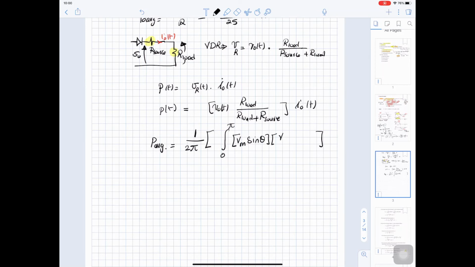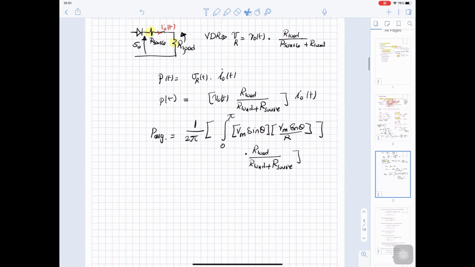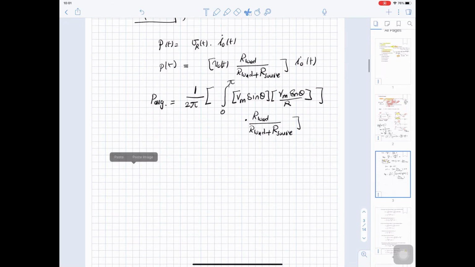I out is V max sine theta divided by R. And this is multiplied by this voltage division rule.